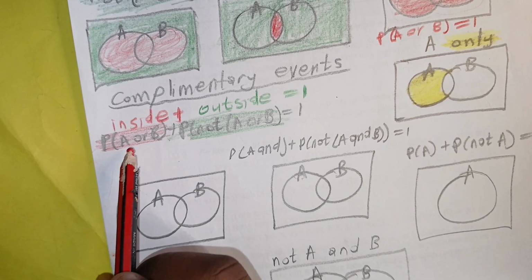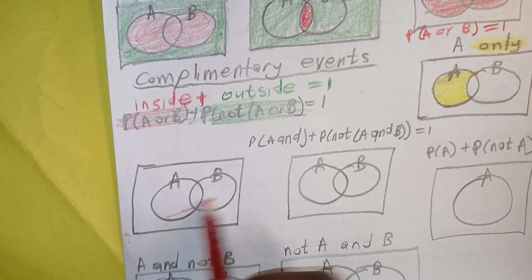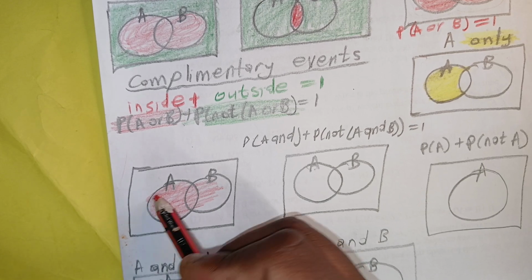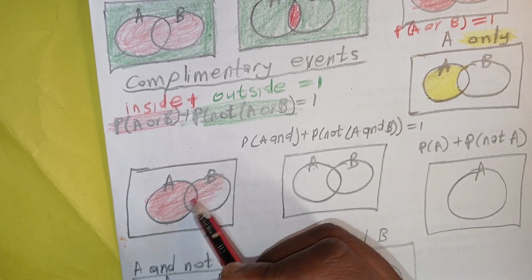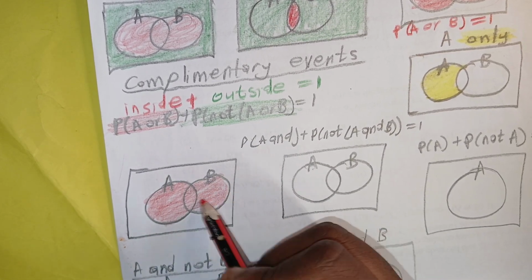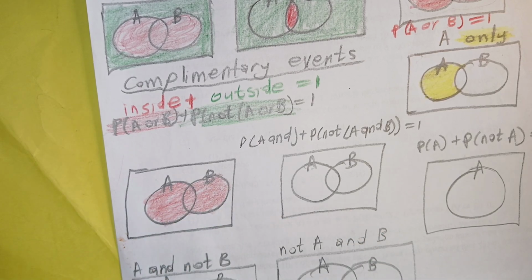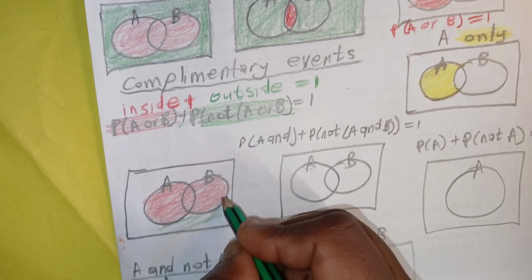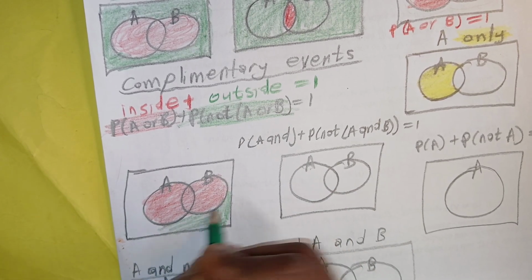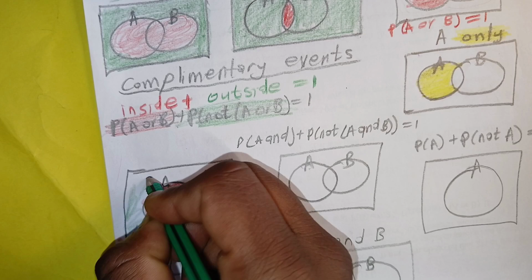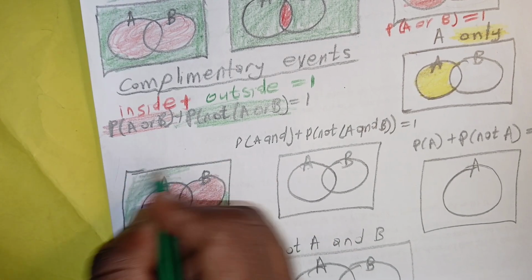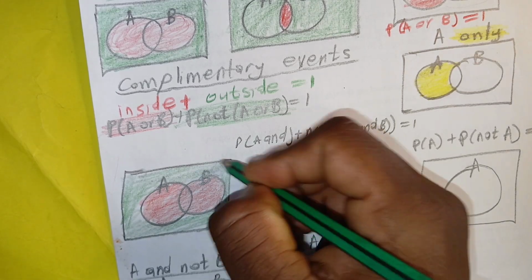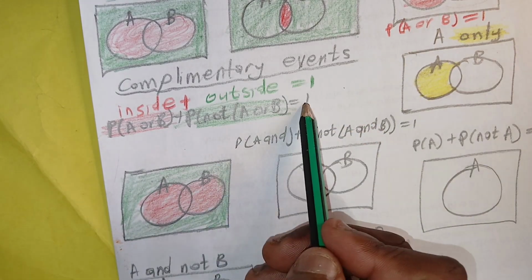So A or B is everything here. Everything which is inside here is A or B. Then when I add not A or B to it, you will find out that it gives me 1.